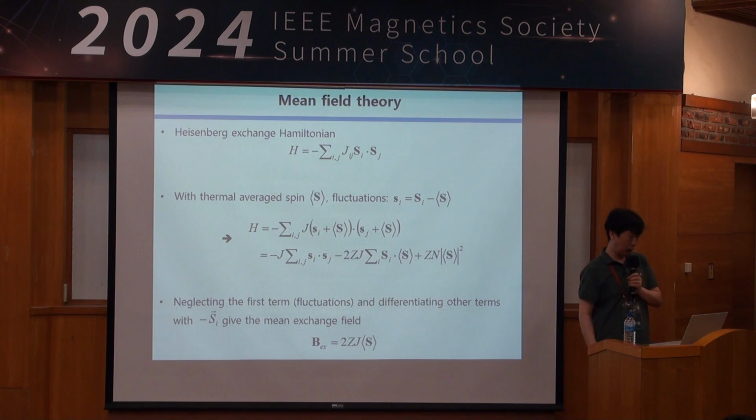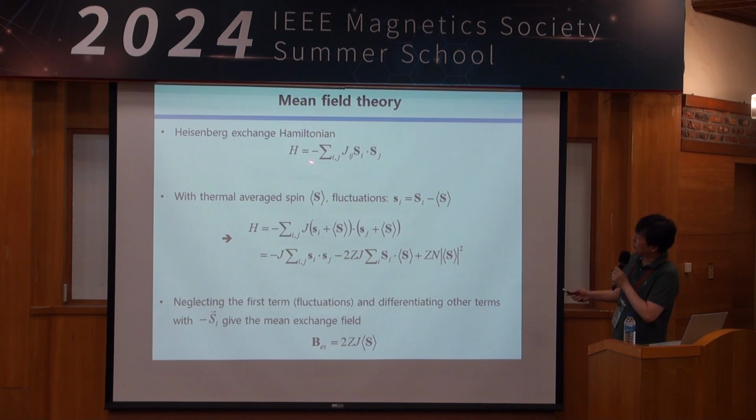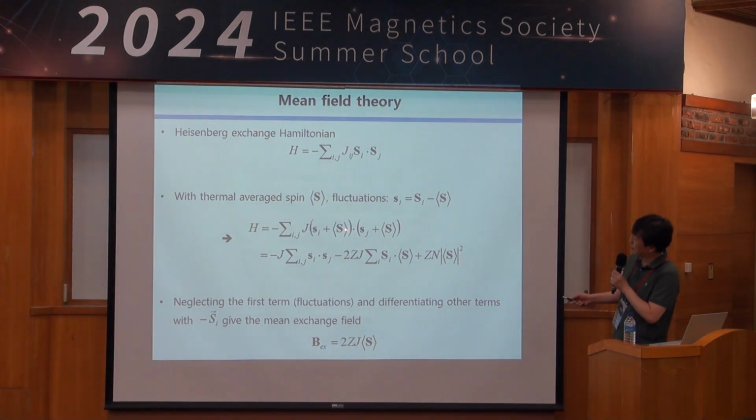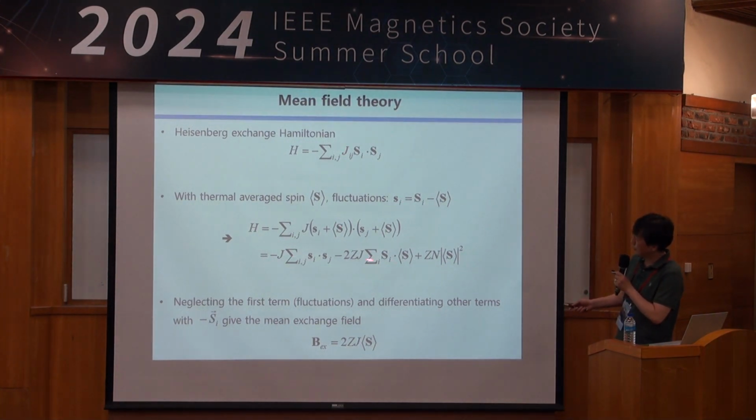For example, you can use that for the exchange interaction, the exchange field, based on the Heisenberg exchange interaction. And with the thermal average spin S, you can define the small s. This is the fluctuation, which is the difference between the real local spin and this ensemble average. Then you can put these two into the above equation, and finally you arrive at this equation.